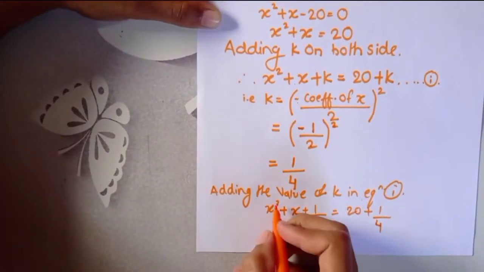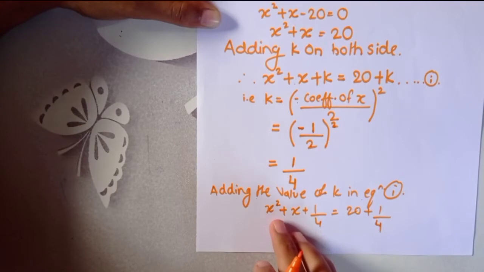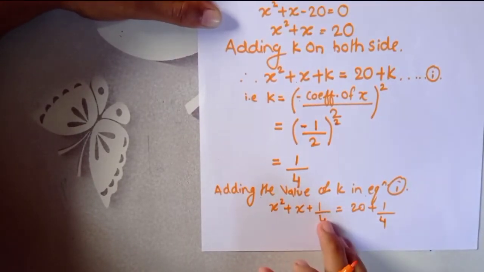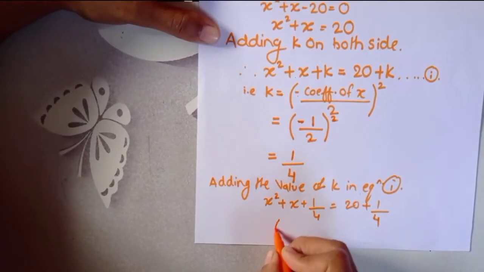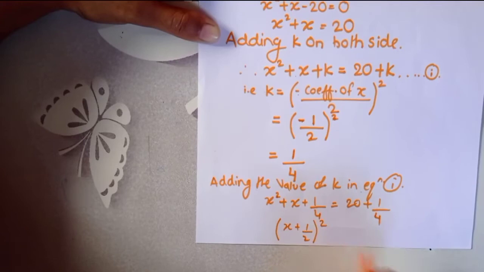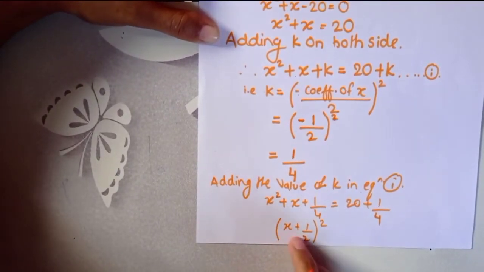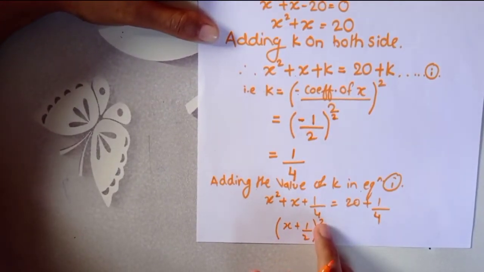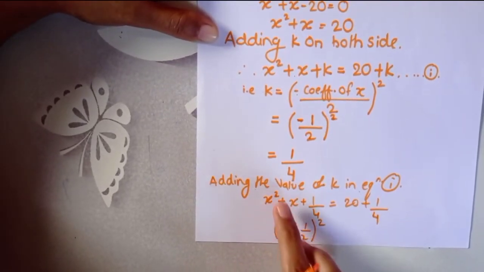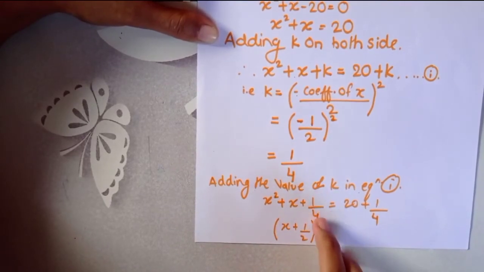Now here something we have to observe: x square plus x plus 1 by 4 is x plus 1 by 2 whole square. We know the formula a plus b whole square. Now if we expand this term, we will get x square plus x plus 1 by 4.